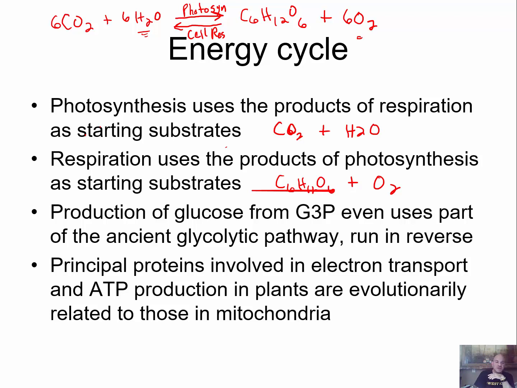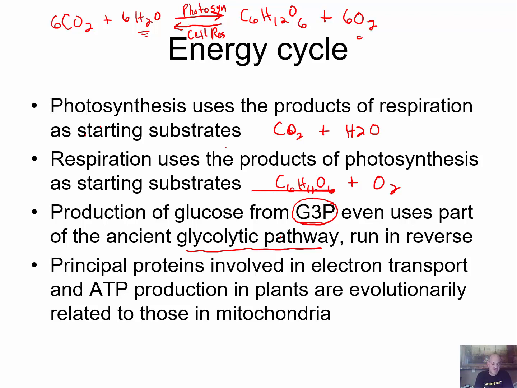Looking at these last 2 points here, the production of glucose from glyceraldehyde 3-phosphate, which is the simple 3-carbon sugar, actually uses an ancient part of the glycolytic pathway. If we went back and studied glycolysis, you would see this compound mentioned in there as one of those intermediates for glycolysis. So imagine we're kind of running in reverse from glycolysis to make our glucose molecule.